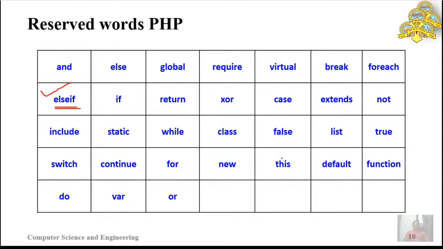Likewise, some others here are require, which is not available in C and Java, and foreach, and the others are quite easily understandable to you.